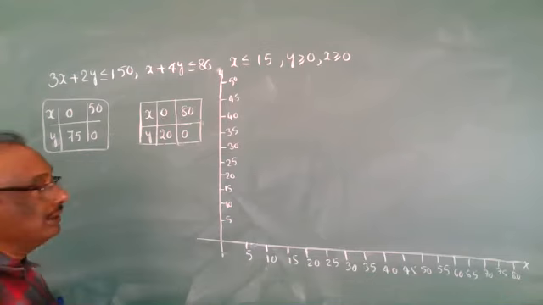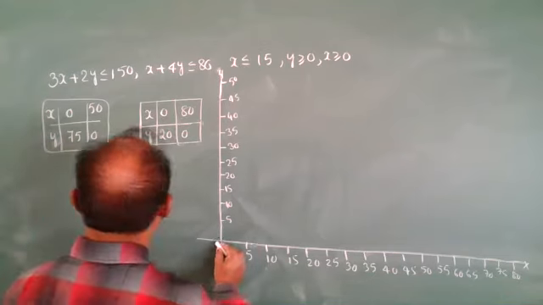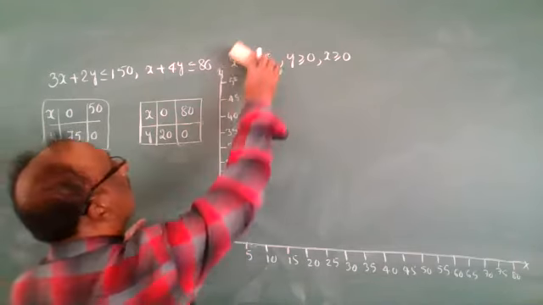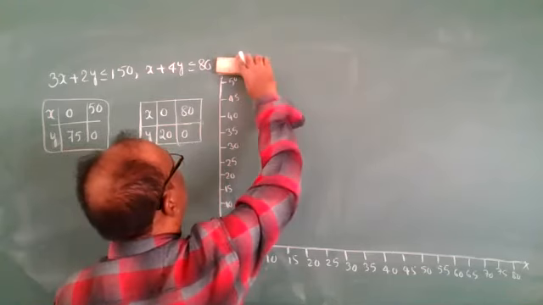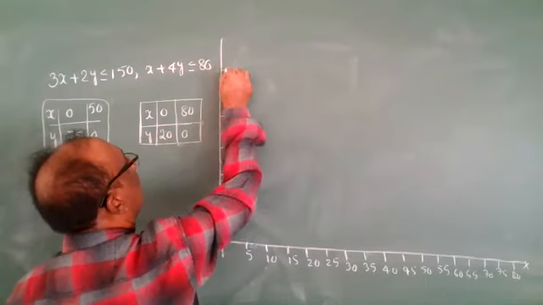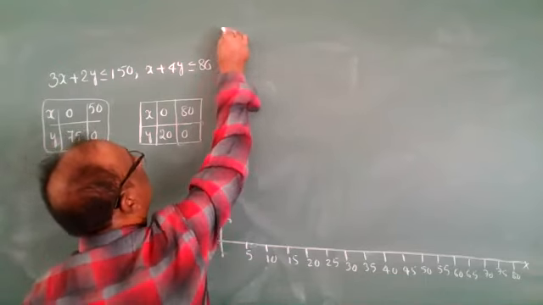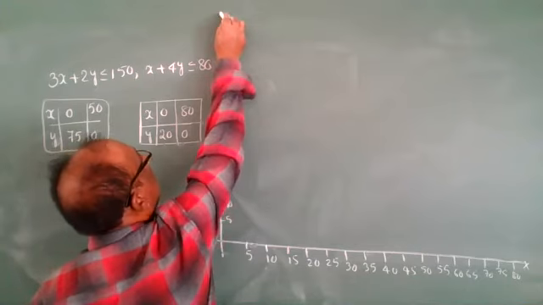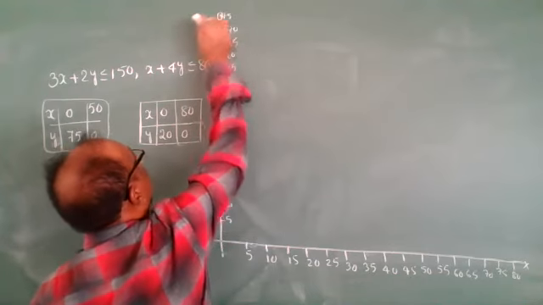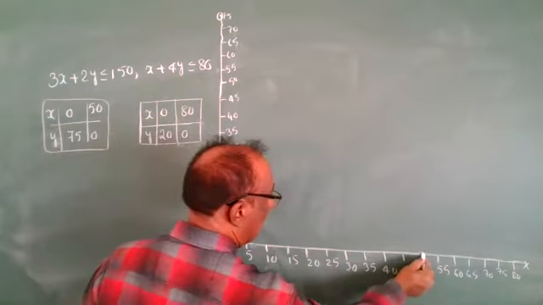Right, substitute everyone. x is 0, y is 75, which is also given. Mark 55, 60, 65, 70, 75. x is 0, y is 75, and y is 0, x is 50.